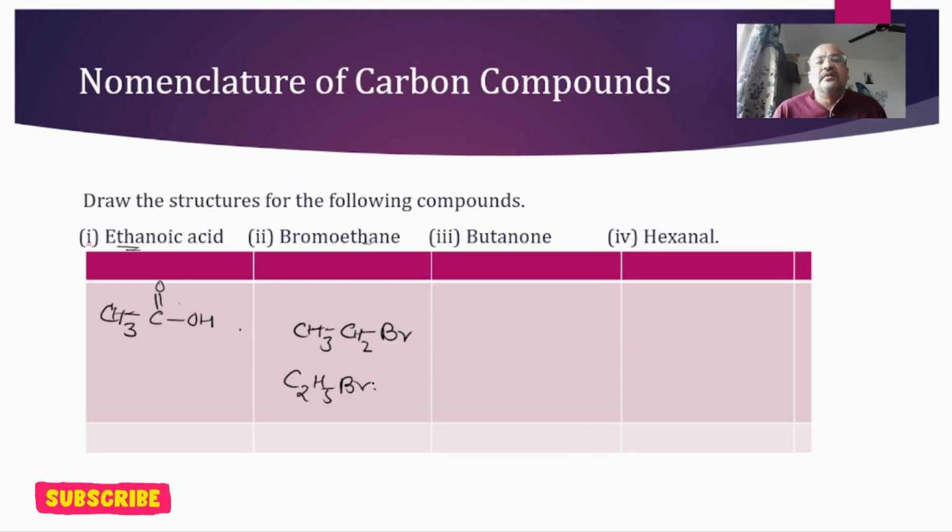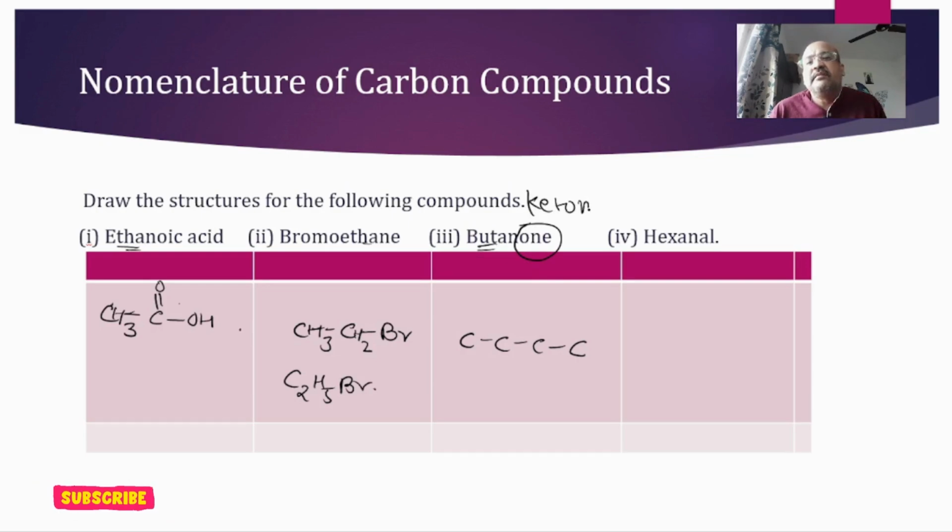Okay, then you see butanone. The parent is butane. Butane, how many carbons? 1, 2, 3, and 4, 4 carbons. ONE is my ketone. Ketone never comes in terminal; it will come in the middle.